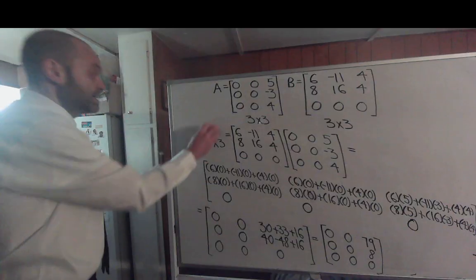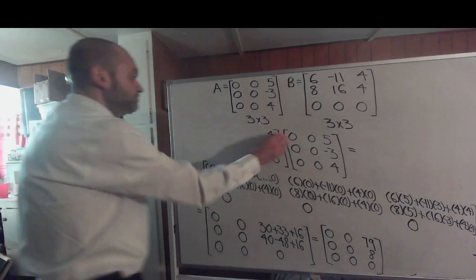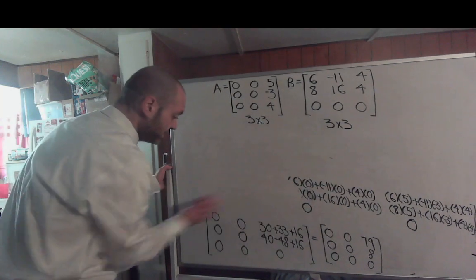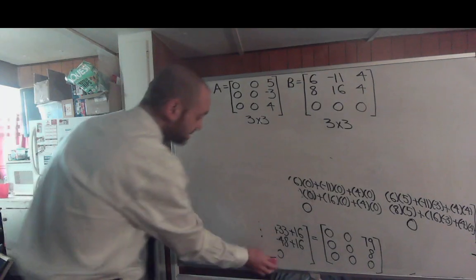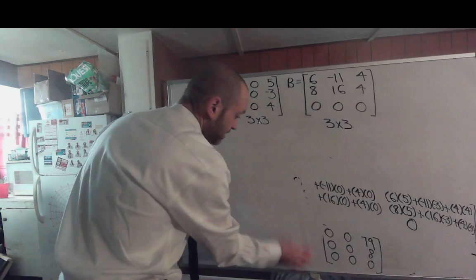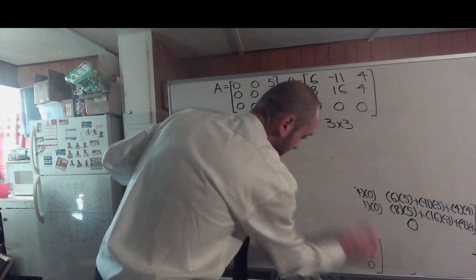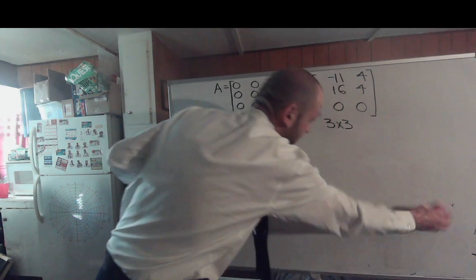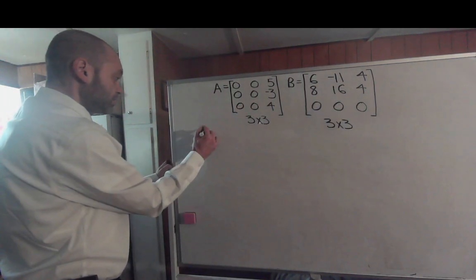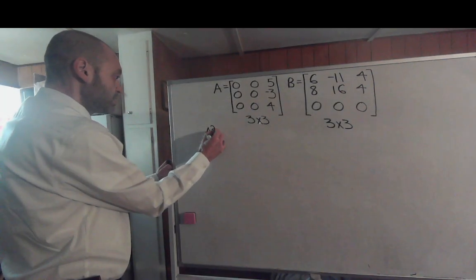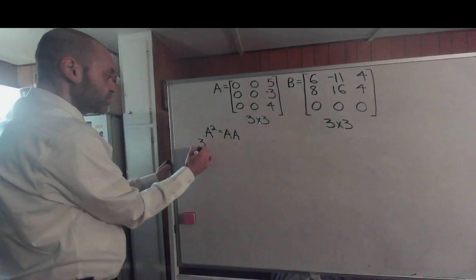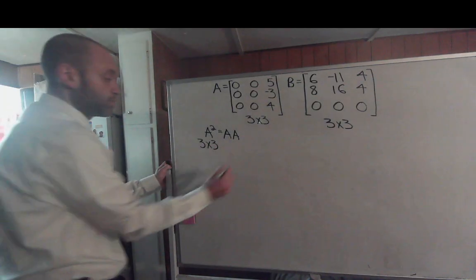Now, let's do A squared. Good news is we know we can definitely do A squared because A is a square matrix of 3 by 3. That means the rows and columns will match in both your A's, so we'll be able to do it. But let's see what we get here. A squared means A times A, which means you should also get a 3 by 3 matrix for this.